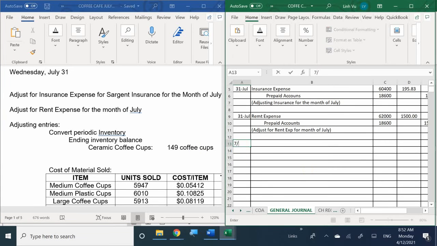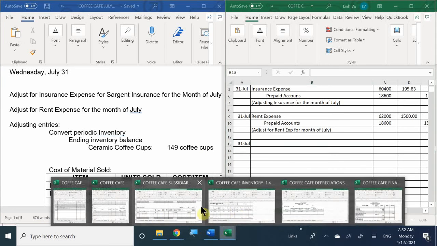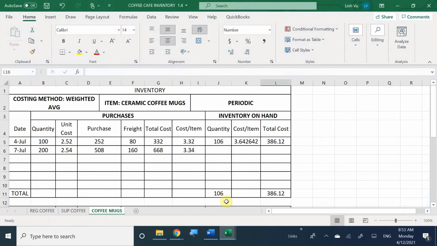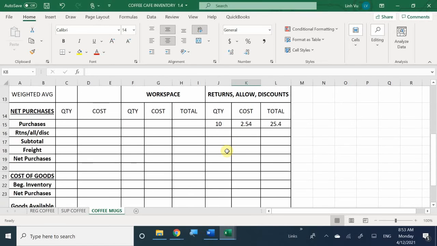We've got to convert our periodic inventory. So pull up your inventory worksheet. All right, so here we are. I didn't make that many purchases of coffee mugs for the second month. But we have beginning inventory, right? So let's go ahead and take a look at this.